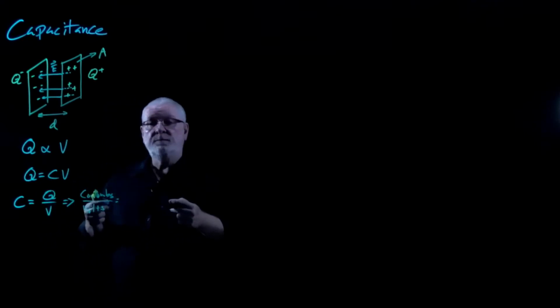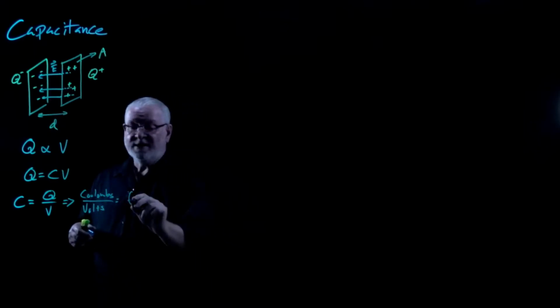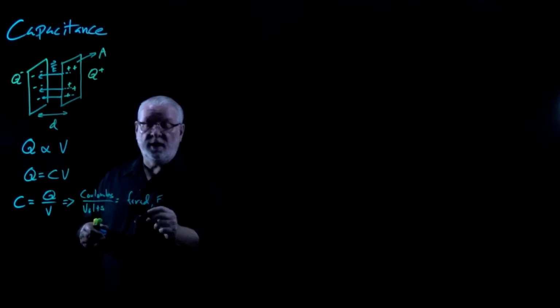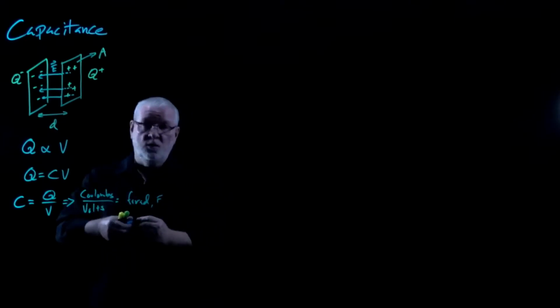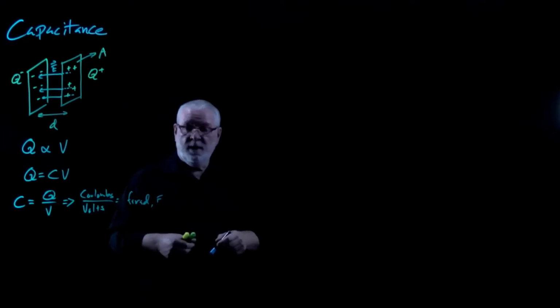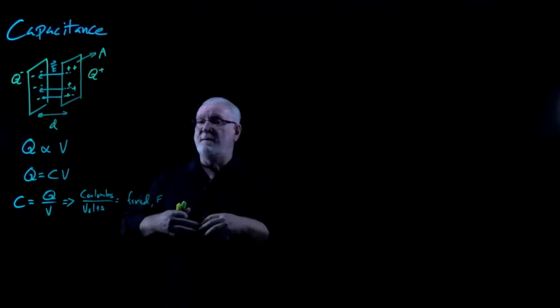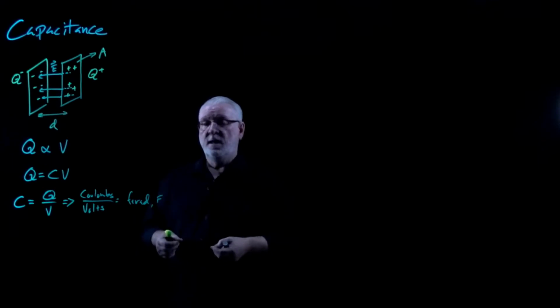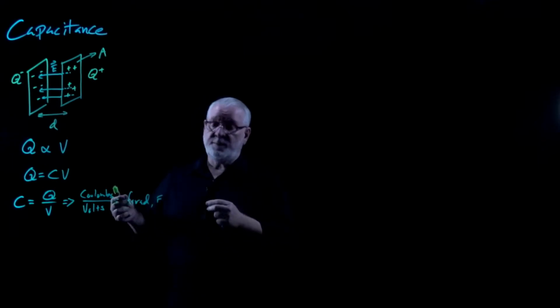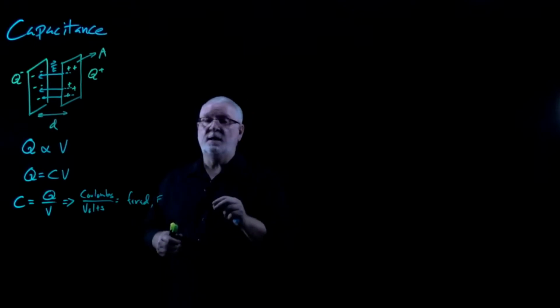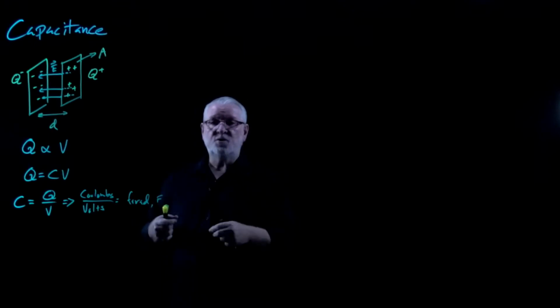And a coulomb per volt is known as a farad. That is the unit for it, and it uses the capital F for its unit shorthand. Now, just like a coulomb is a very large unit of charge, a farad is a massive unit of capacitance. And in lab capacitors, you're much more likely to see microfarads, nanofarads, and picofarads as the actual capacity of very small capacitors.